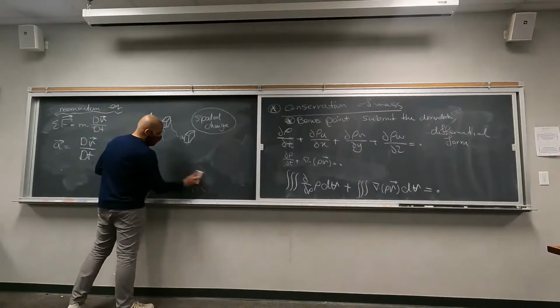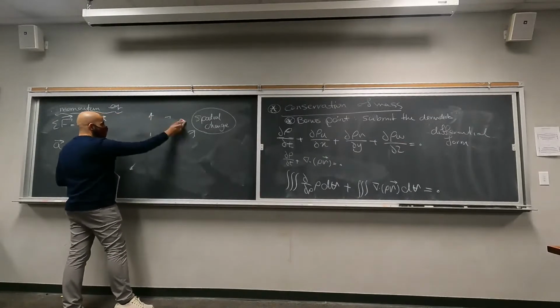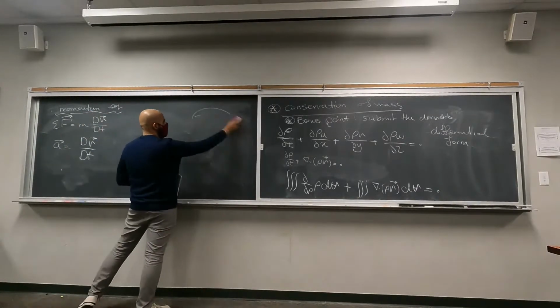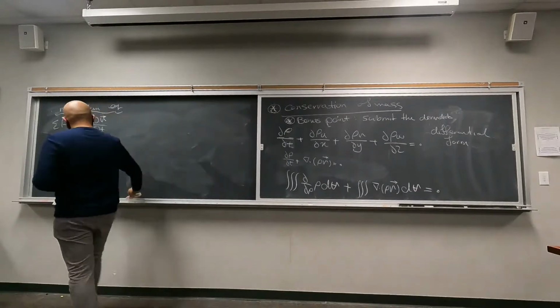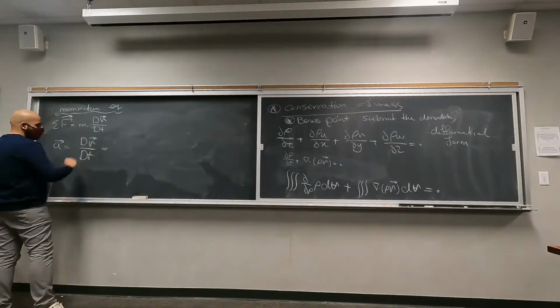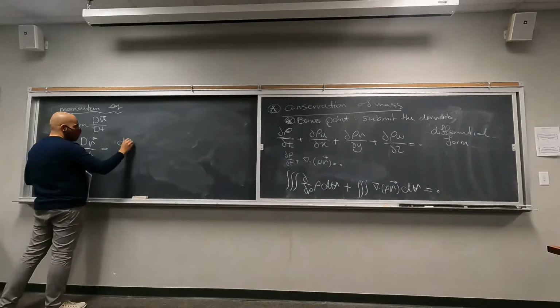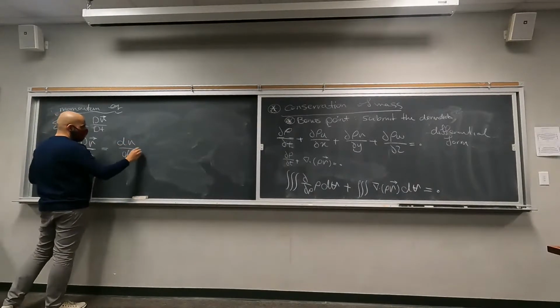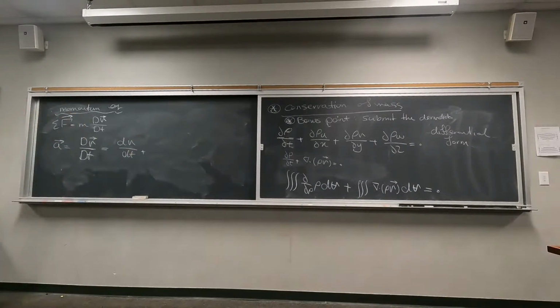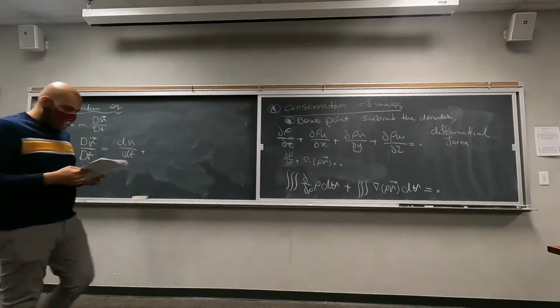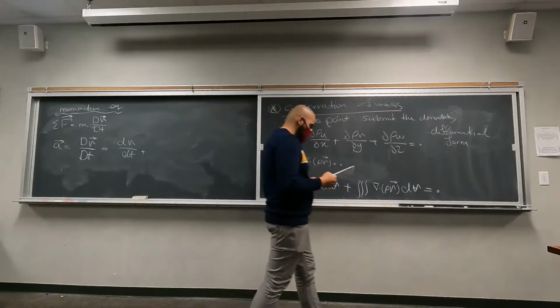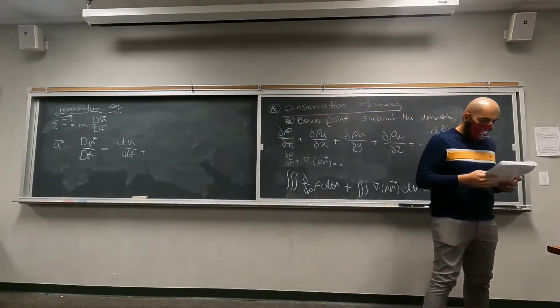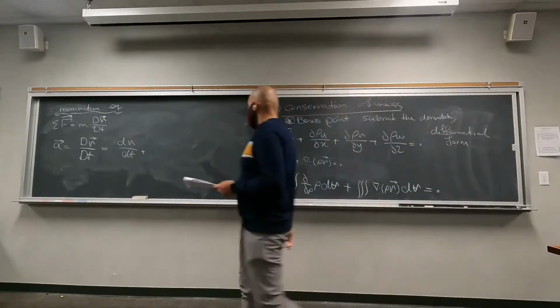So for the example of your acceleration, it is changes of velocity with respect to time plus the changes of velocity, or the velocity gradient, as it moves through a space.